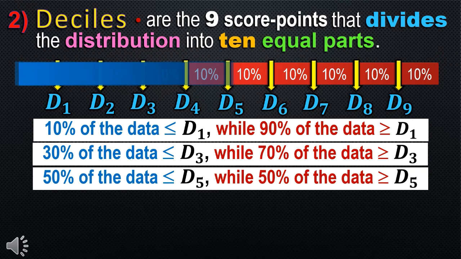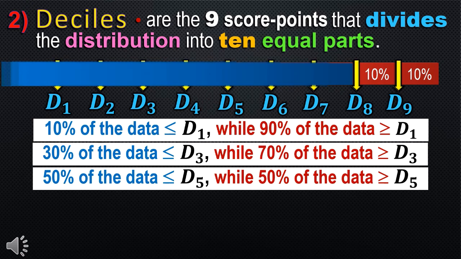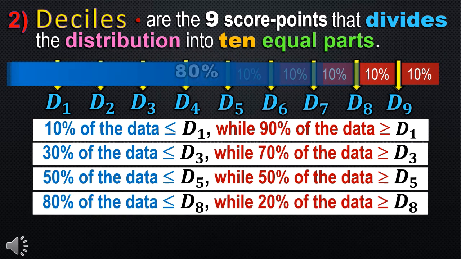Now, 50% of the data is less than or equal to decile 5, while 50% of the data is greater than or equal to decile 5. 80% of the data is less than or equal to decile 8, while 20% of the data is greater than or equal to decile 8.